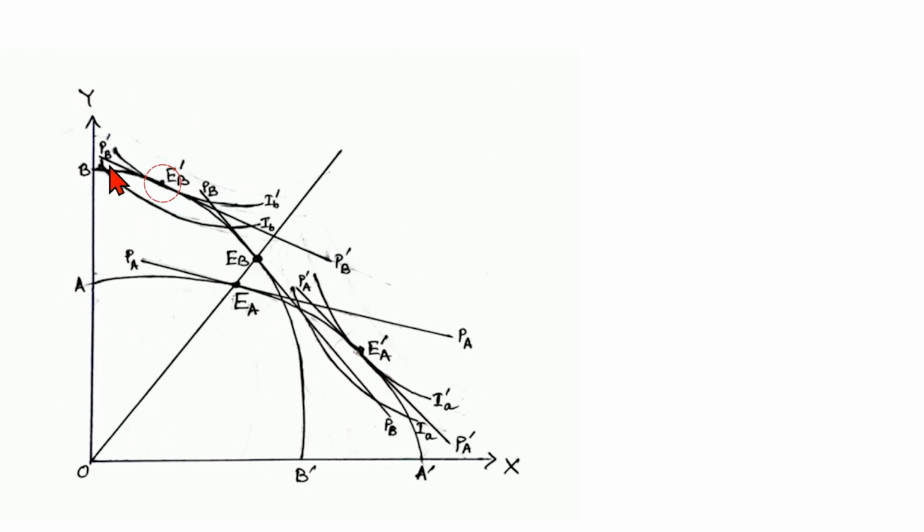So the price line passing through this EB prime point, that is PB prime, is relatively flatter. So here we see the relative price of X is lower. That means the relative price of Y is higher in country B.